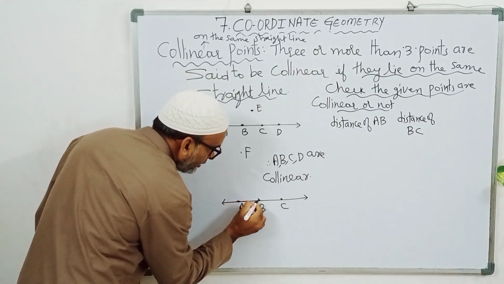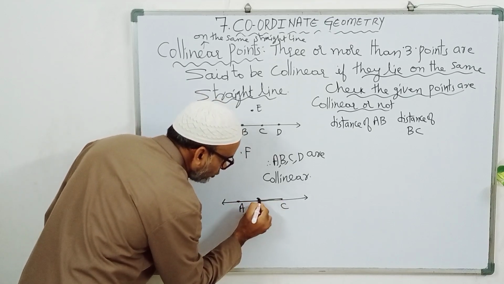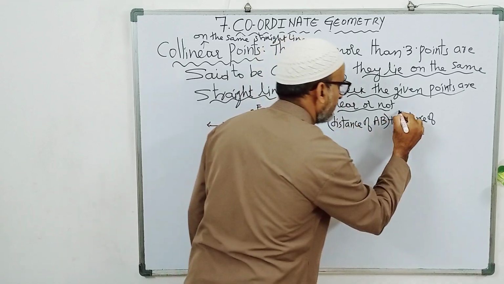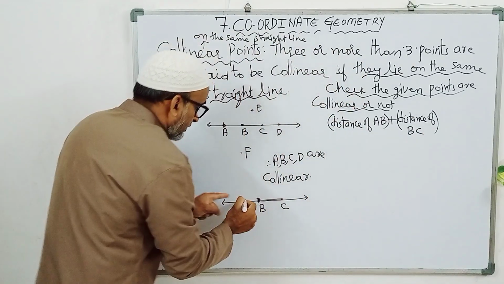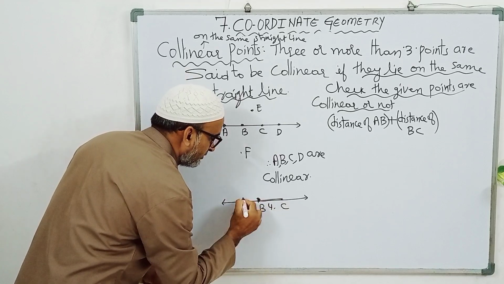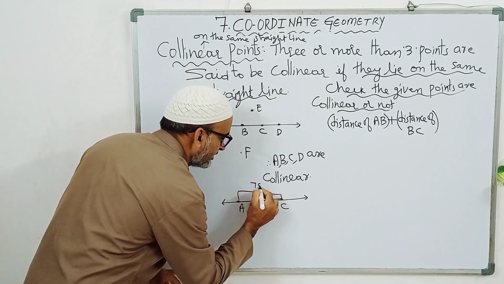Distance of AB from here to here, distance of BC from here to here. You add these two. This is 3 centimeters, this is 4 centimeters. From here to here, totally 7 centimeters.